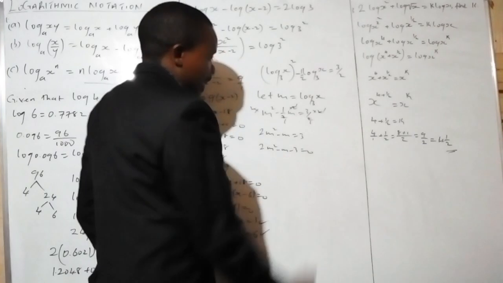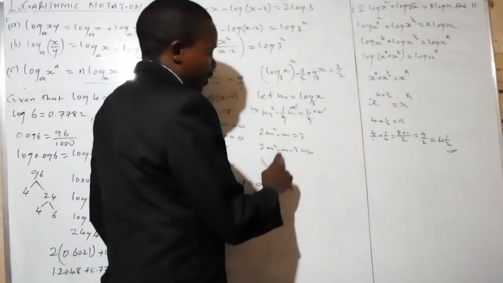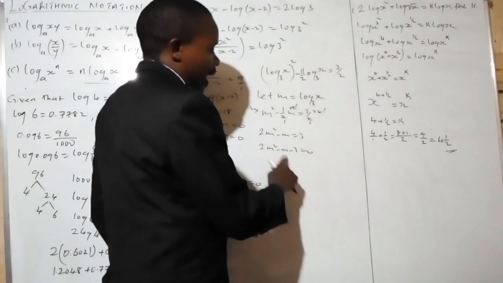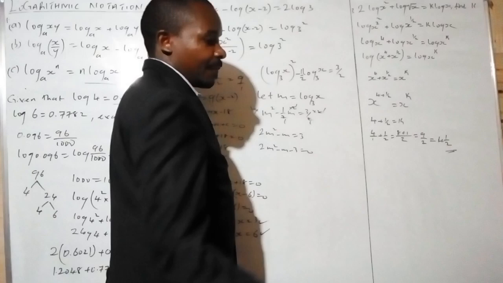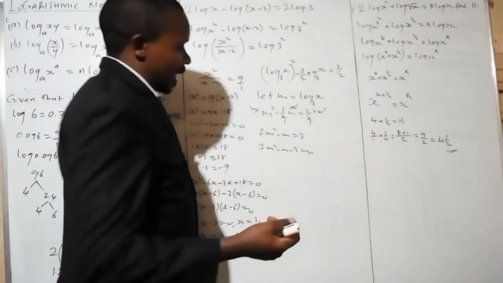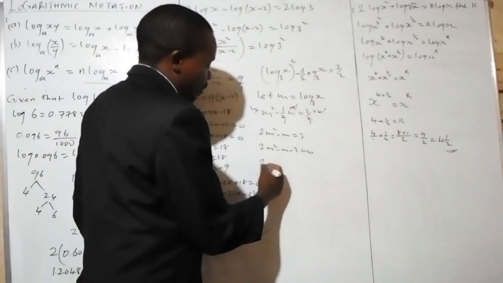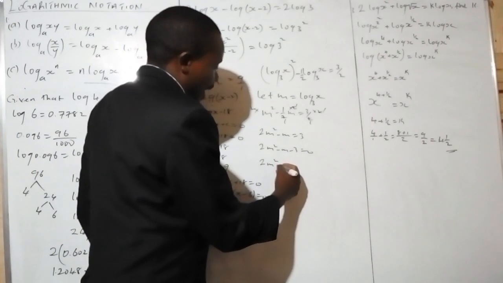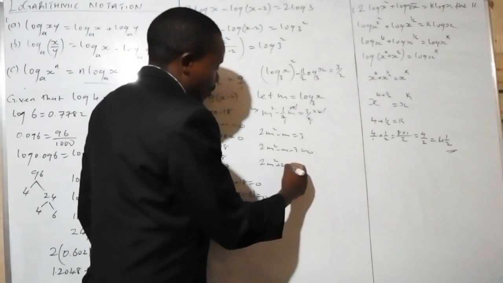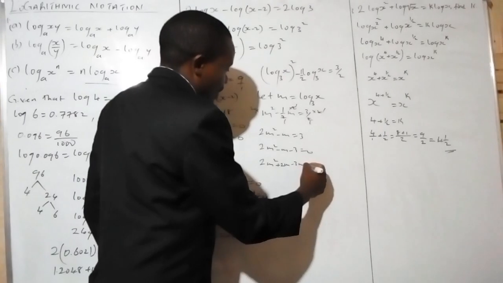From the factors of 6, we want negative 1 or negative m: 2 minus 3 is supposed to be negative m. So we are going to have 2m squared plus 2m minus 3m minus 3 is equal to 0.